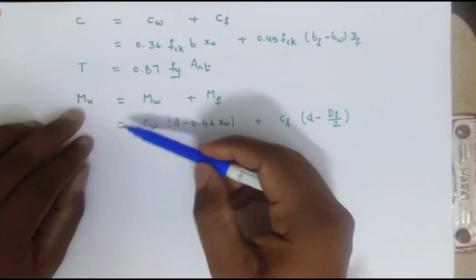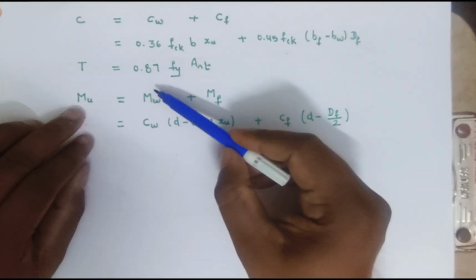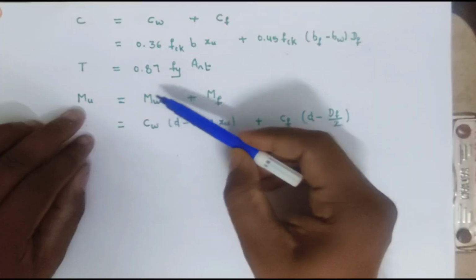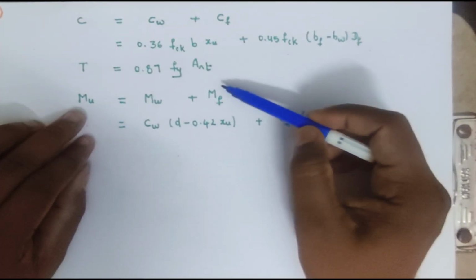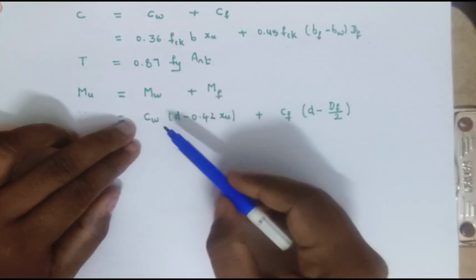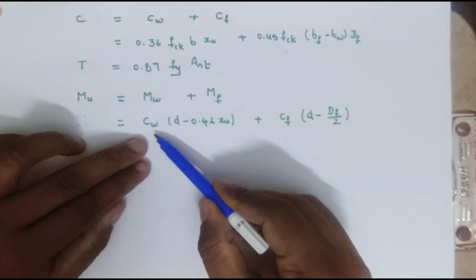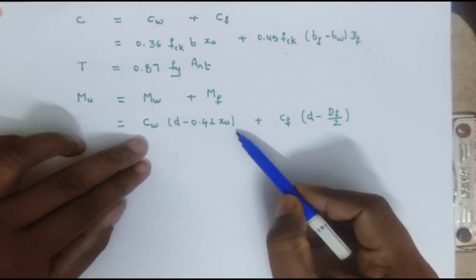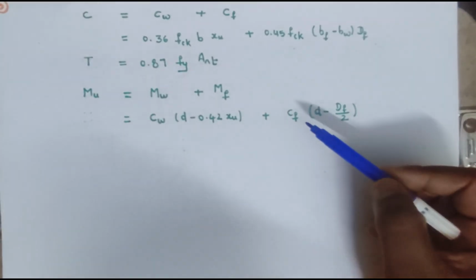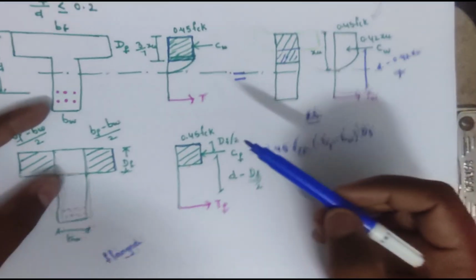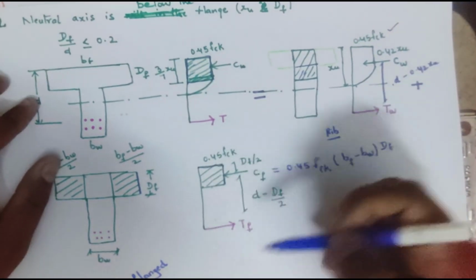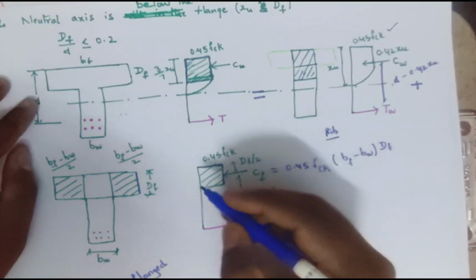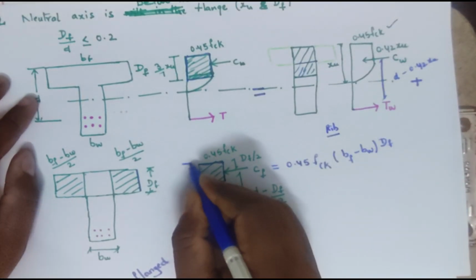Now the total moment of resistance equals the moment of resistance offered by the web portion plus the moment of resistance offered by the flange portion. As I said, the compressive force of the web multiplied by the lever arm remains the same: d minus 0.42 xu. But in the case of the flange portion, the lever arm will be, this is the complete effective depth, right?